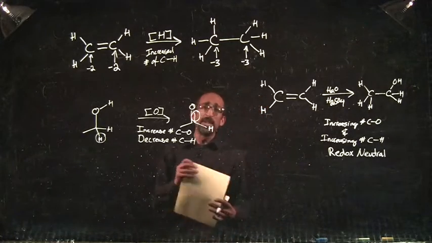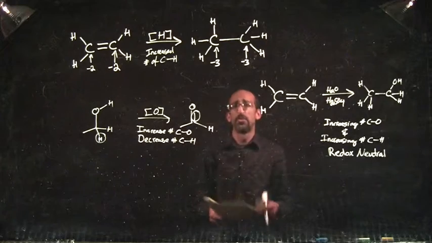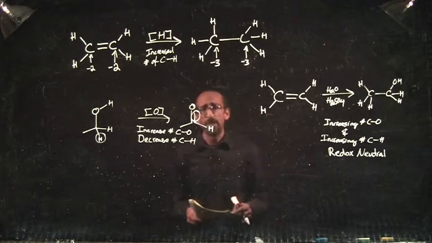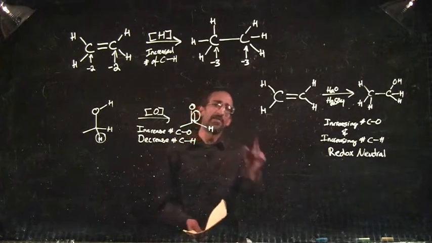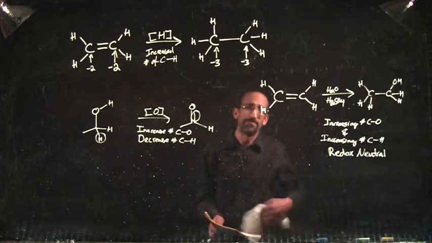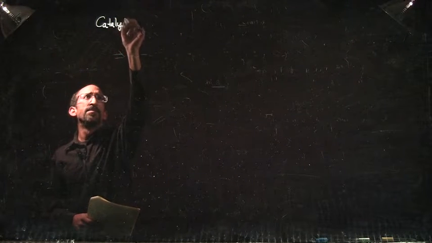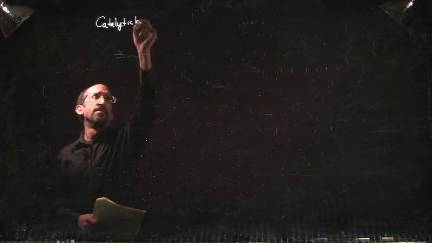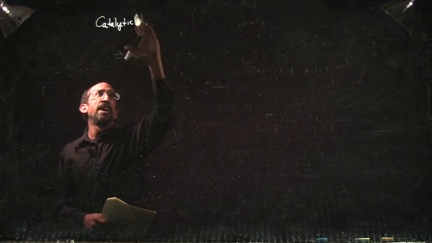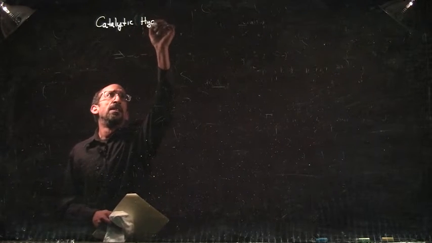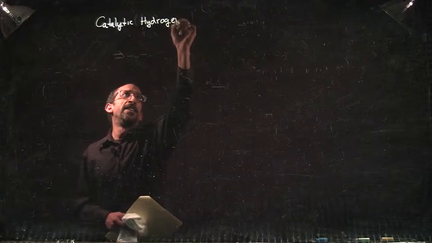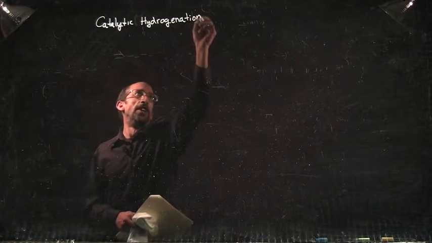Okay, so from here now I'd like to go ahead and move into the reactions that we need to know for topic 25. So I'm going to clear off the board. We're going to start looking through those. Okay, so the first reaction we're going to look at is called catalytic hydrogenation.